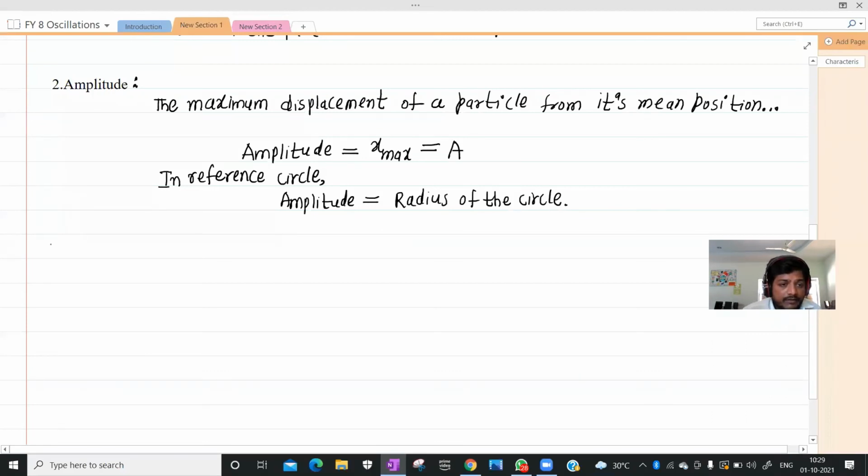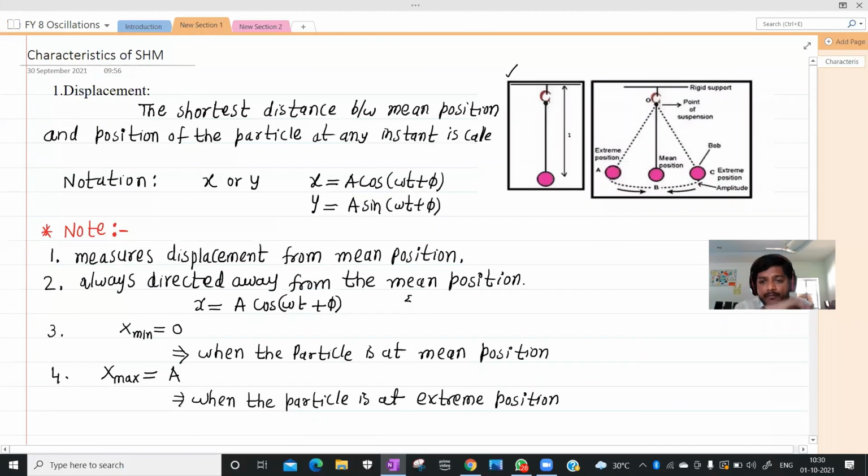Next, one more definition: the span of SHM, or path length of SHM. What is meant by SHM? Simple harmonic motion.